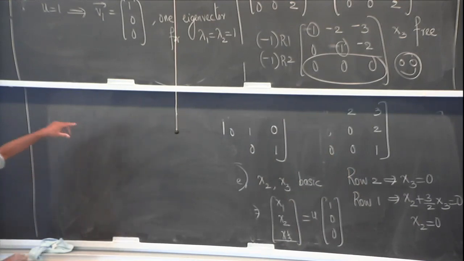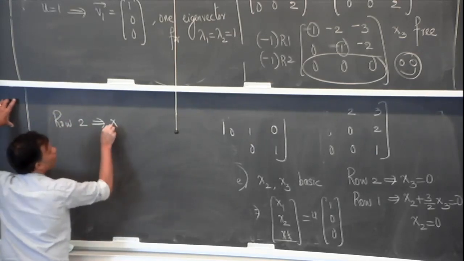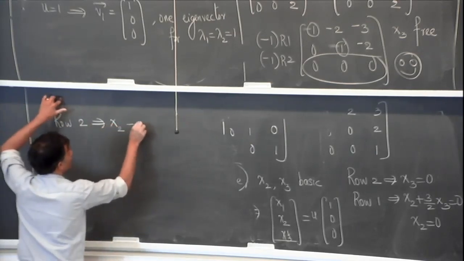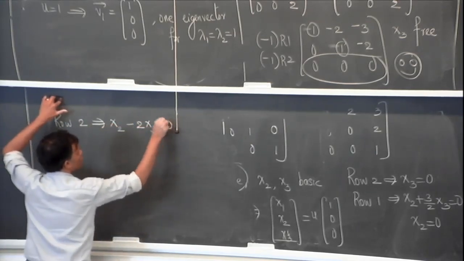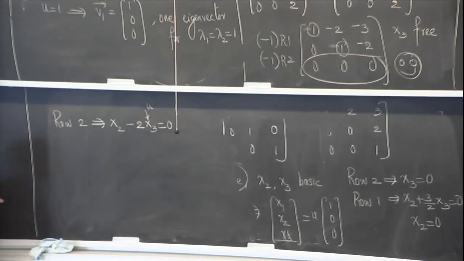And if you go to the second row, you get x2 minus 2x3 equal to 0. Don't forget that x3 is free. That's your u. So x2 is 2u.